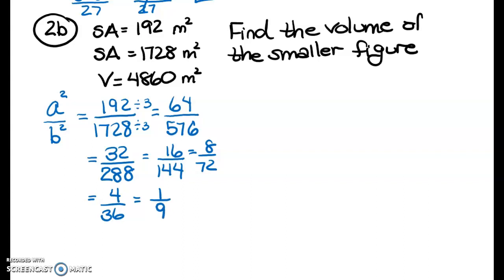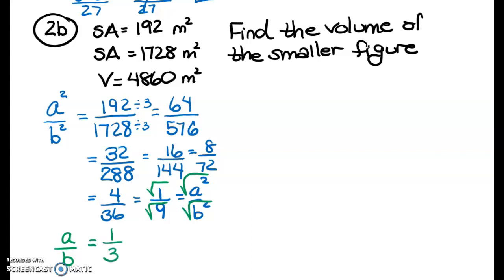All right, so now I need to find a over b. And remember, this is a squared over b squared, so I need to take the square root of 1 and the square root of 9 to find a over b.